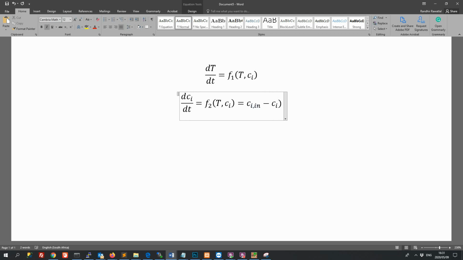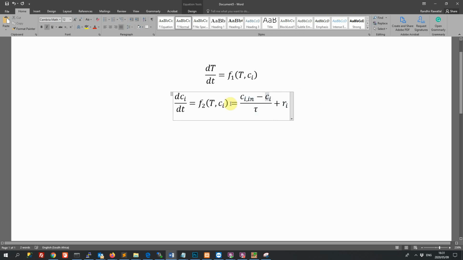So the rate of change of the concentration, and then minus R_A, or R_I. Well, then I should say strictly that that's normally the rate of formation. And of course that is equal to, here we can just expand out for R_I.